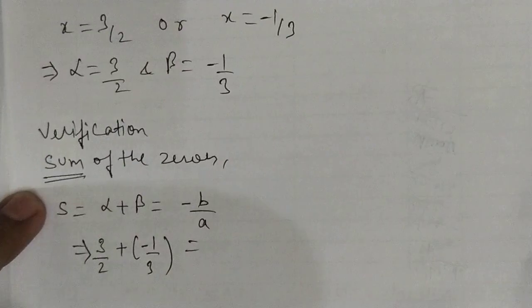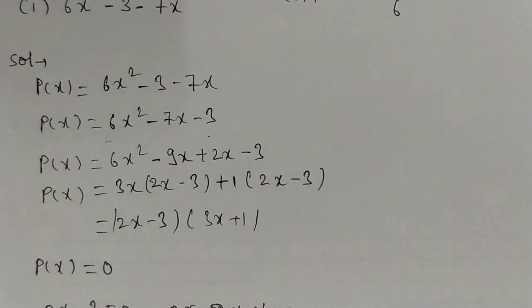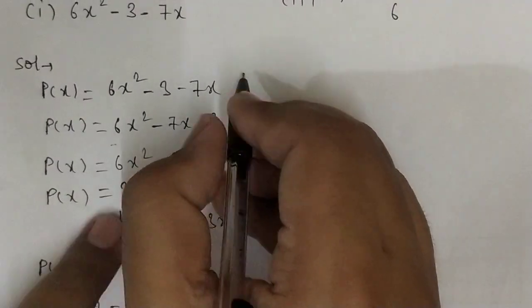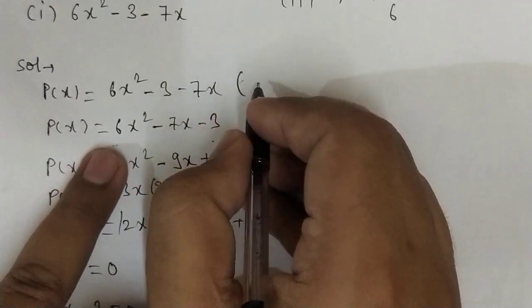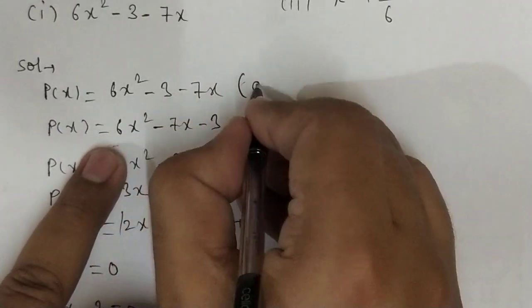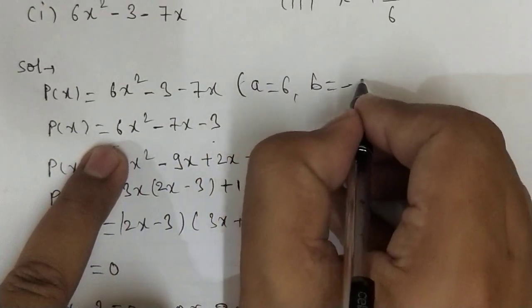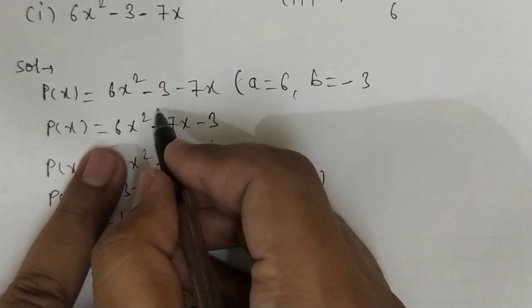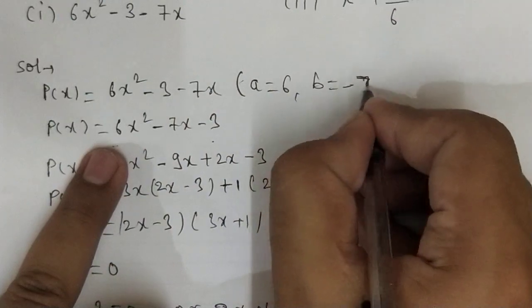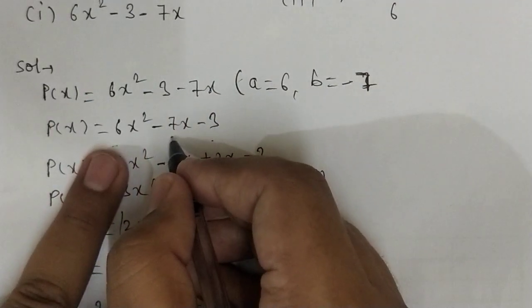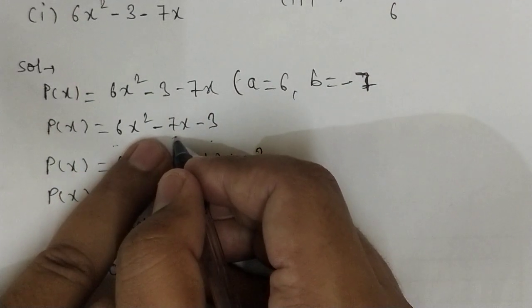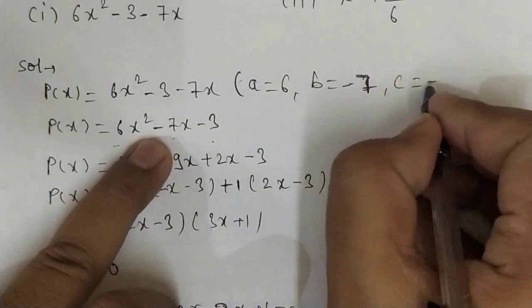Now, in the question itself, it is given. If you see here, when you compare it with the standard form, a is equal to 6, b is equal to minus 7, and c is equal to minus 3.